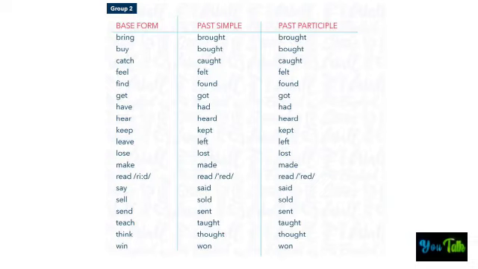We have many other verbs which are irregular, which change in the past participle, but we have also some irregular verbs which in the simple past and the past participle are the same. For example, bring, brought, brought. Past simple and past participle are the same. Buy, bought, bought.